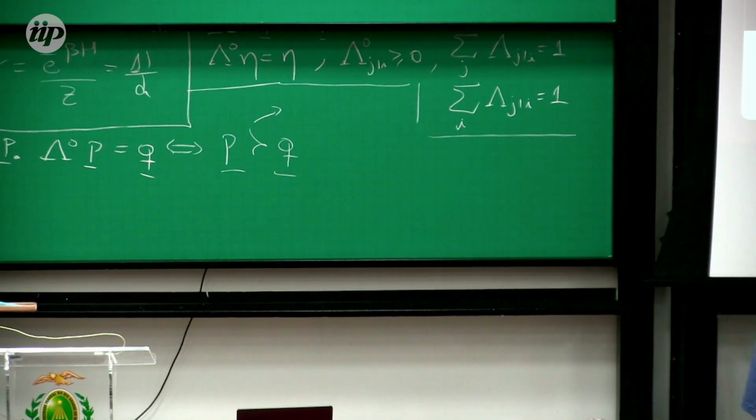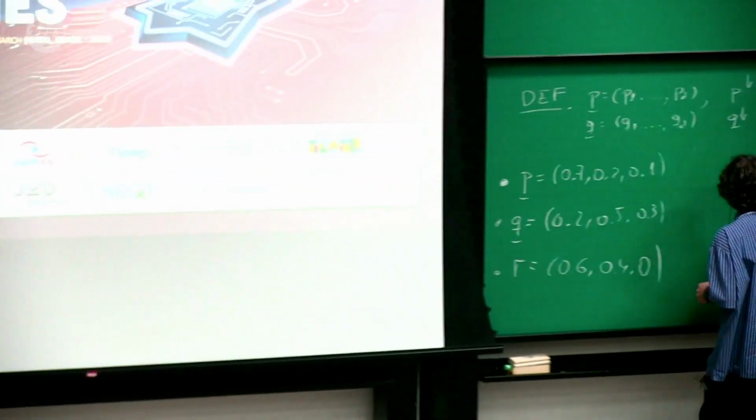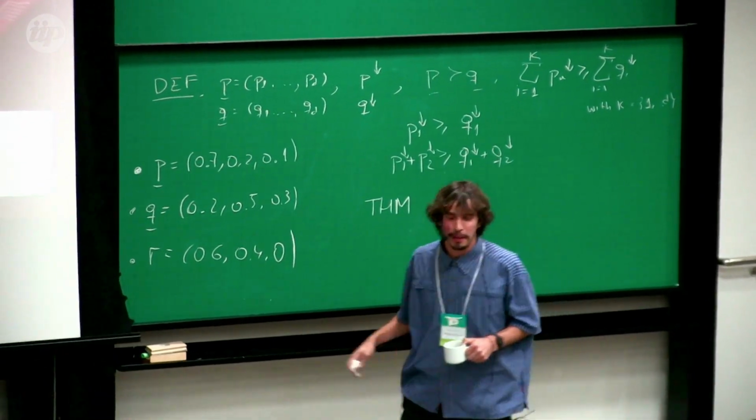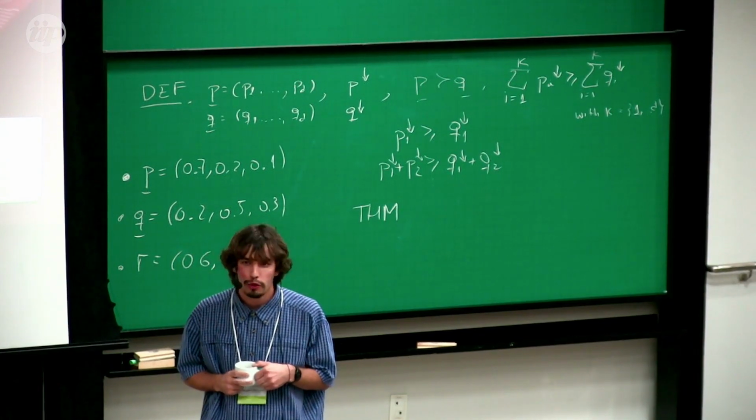Oh yes, because there is a theorem which says that, well, I will say the theorem later, but did you remember that yesterday I talked about those monotones and so on?